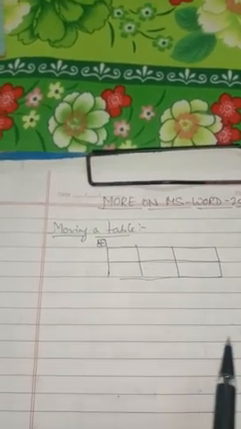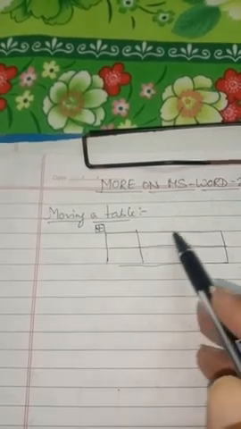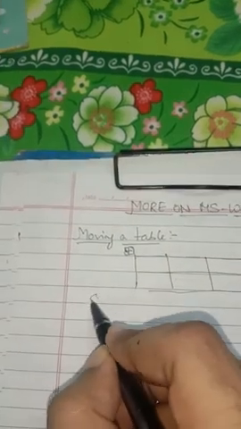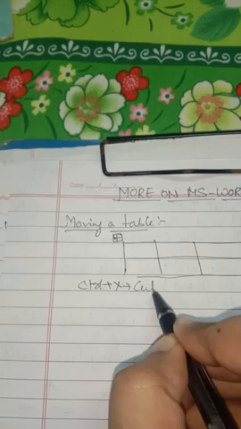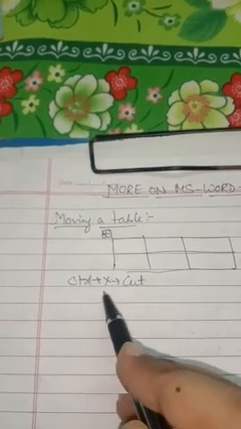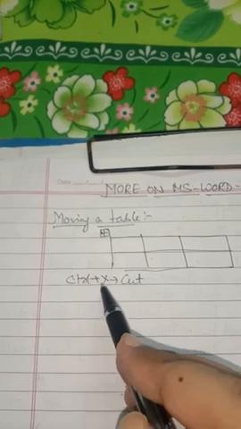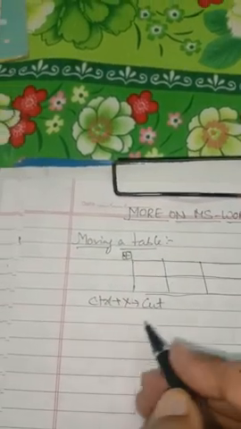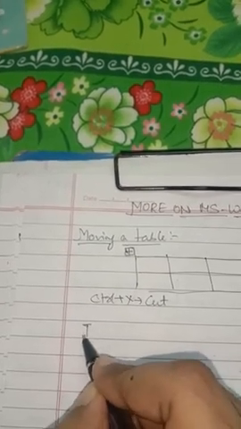The other method is selecting the table. Once you have selected the table, you can use Control plus X for cut. This is the shortcut key for the cut option, Control plus X. As soon as you press Control plus X, the table will be removed. Now bring the cursor to another location over here.